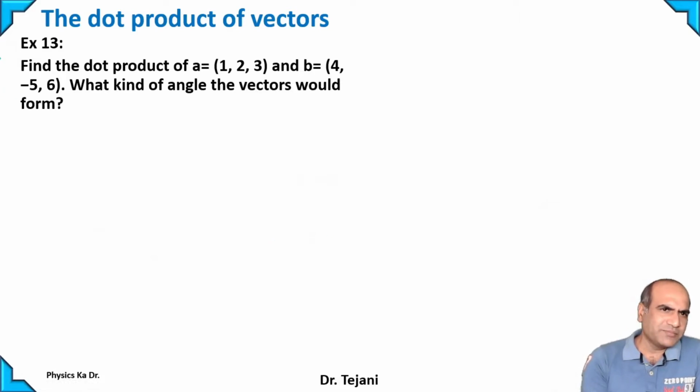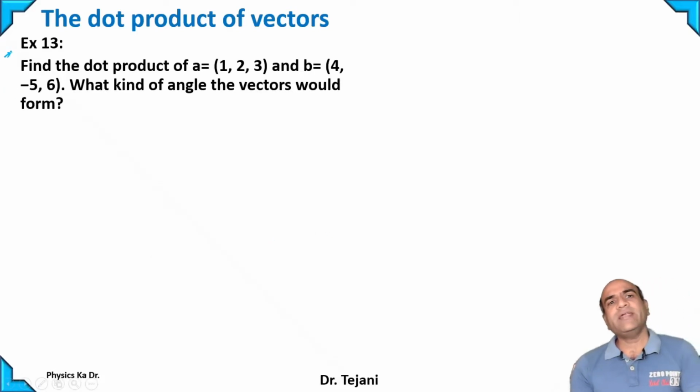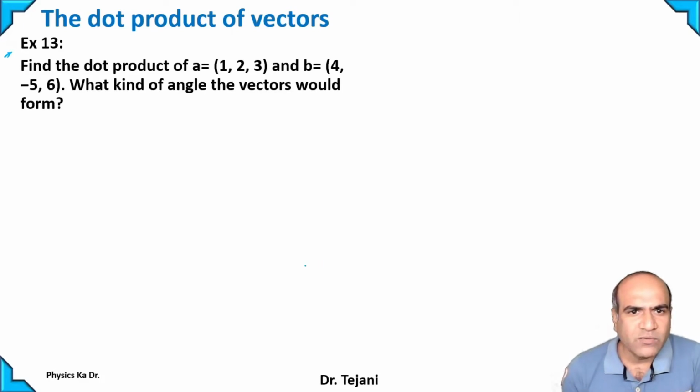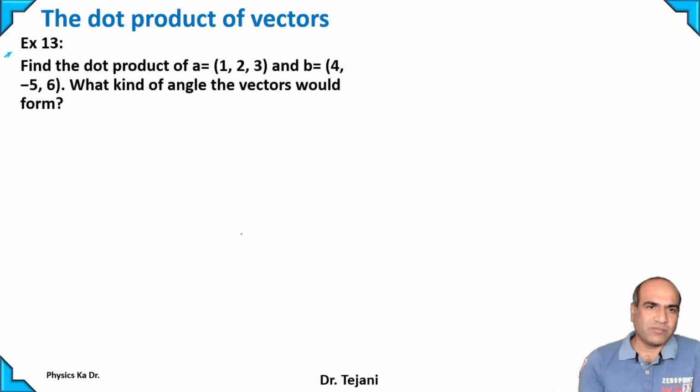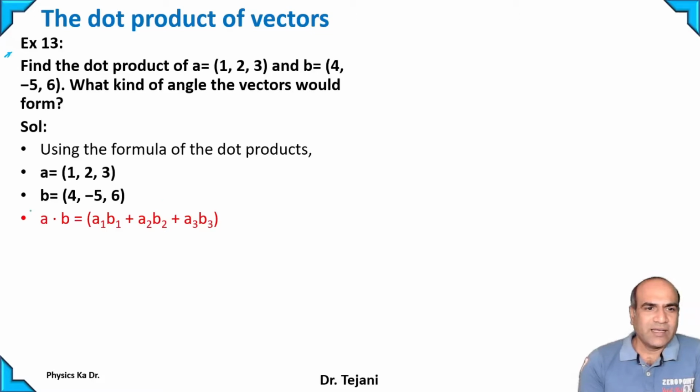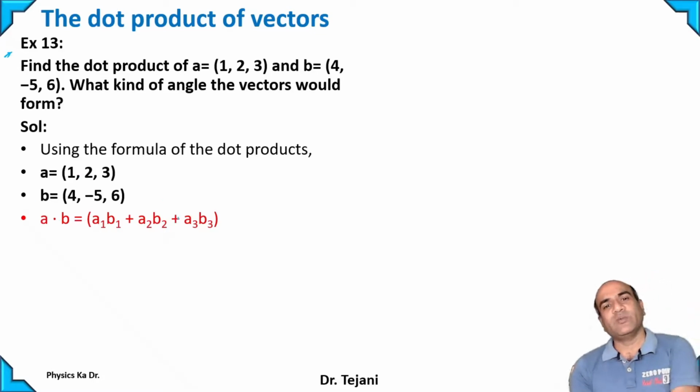Let's solve an example. Find the dot product of A equal to 1, 2, 3 and B equal to 4, minus 5, 6, and what kind of angle the vectors would form. Let's see. By the formula, the dot product is A1 B1 plus A2 B2 plus A3 B3.